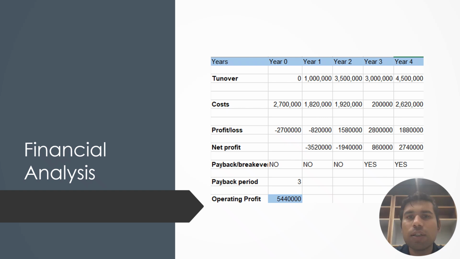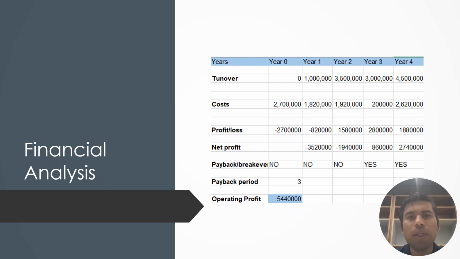Early years show losses due to high initial investment, with negative net profit in year 2. Revenue began to exceed the cost by year 3, leading to the first positive net profit and confirming payback in this period. By year 4, the project reaches a stronger financial position with higher turnover and sustained positive returns.